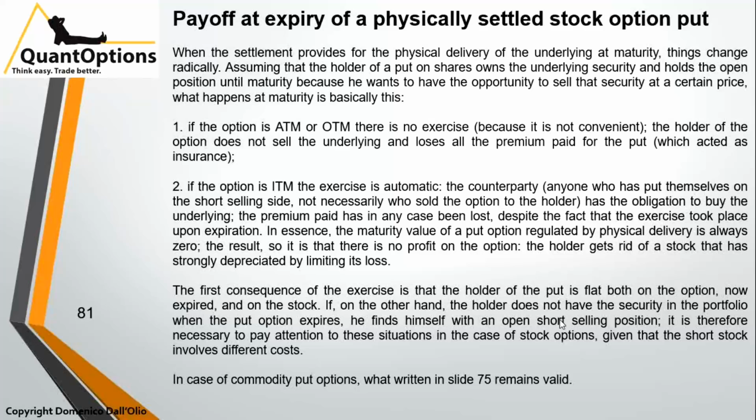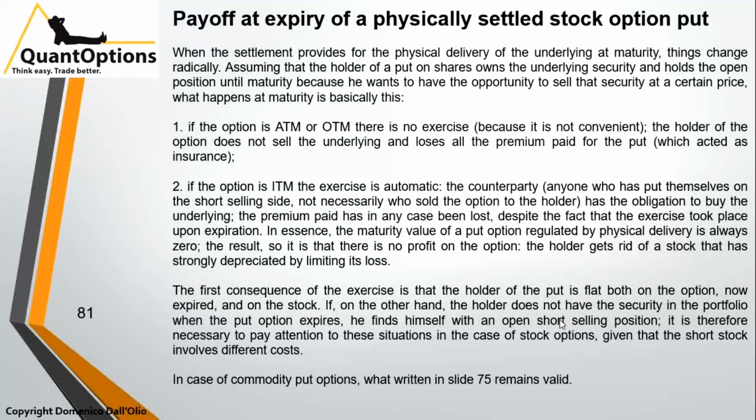The holder gets rid of a stock that has strongly depreciated, limiting the loss. The first consequence of the exercise is that the holder of the put is flat both on the option, now expired, and on the stock. If, on the other hand, the holder does not have the security in the portfolio, when the put option expires, he finds himself with an open short selling position.